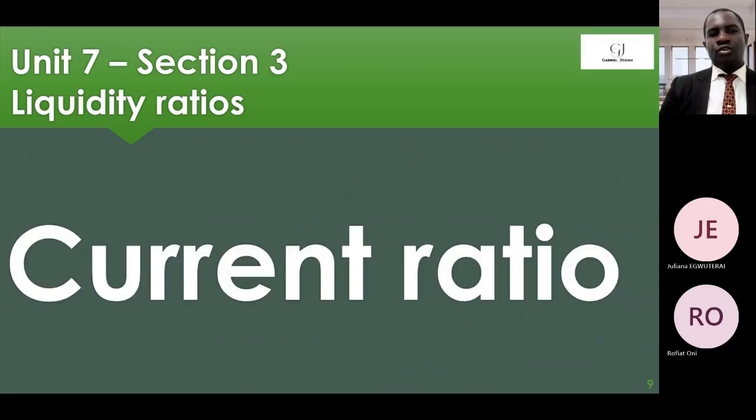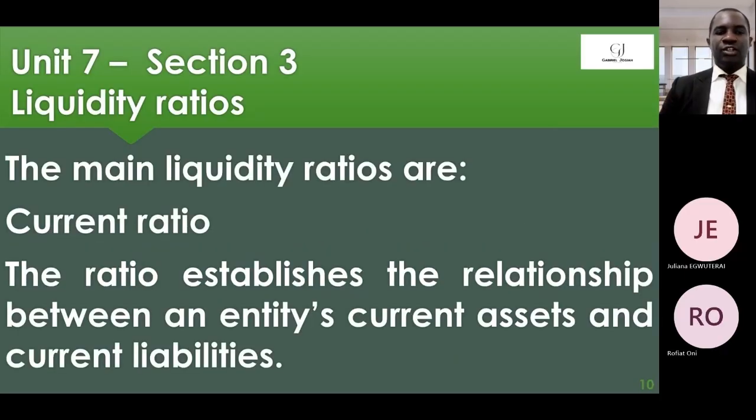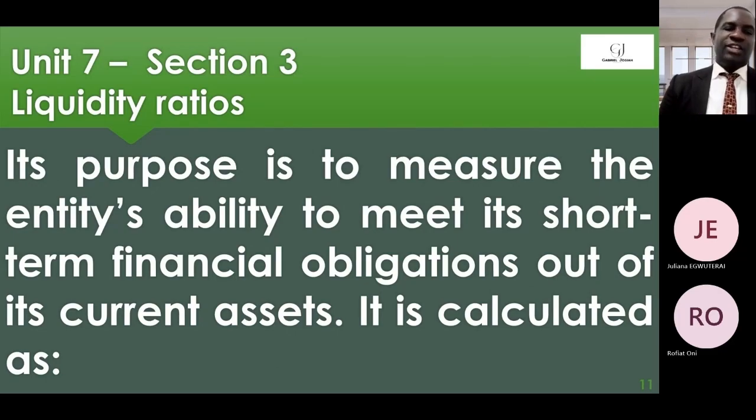Okay, so having introduced that, let's quickly go into the first and most important ratio that speaks to liquidity, which is the current ratio. It's one of the main ratios that establishes the relationship between an entity's current assets and current liabilities. So its purpose is to measure the entity's or the company's ability to meet its short-term financial obligations out of current assets.